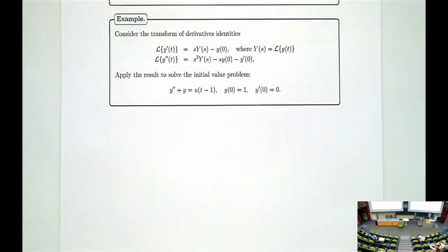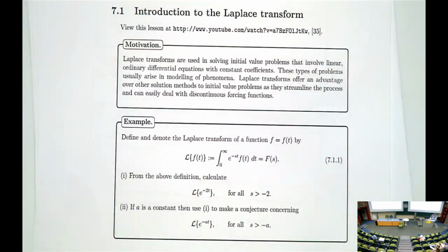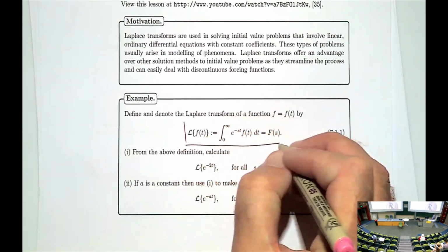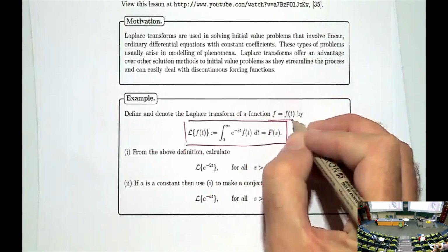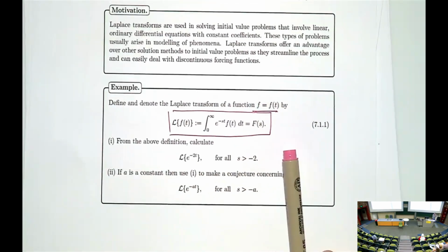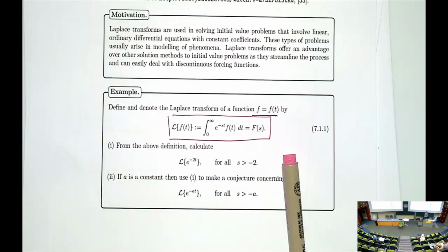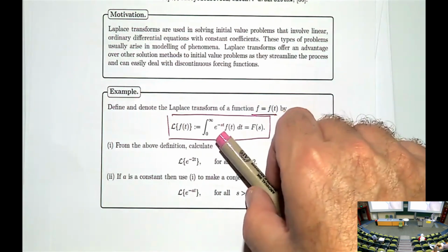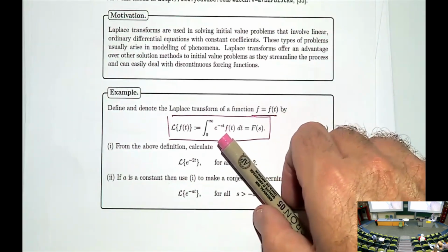So what is a Laplace transform? Well, I'm glad you asked. Here it is. You start with a function of t, let's say little f, and you multiply it by an exponential called the kernel.